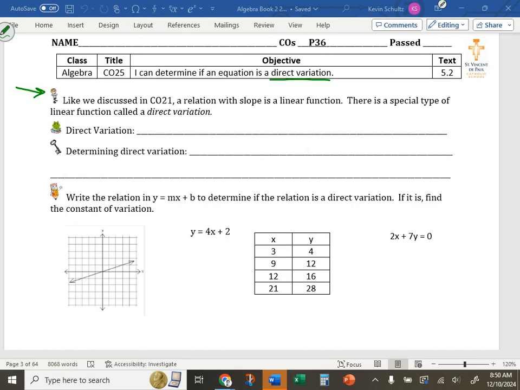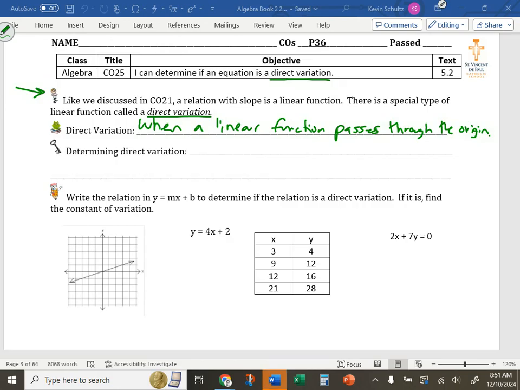And so there's a special type of linear function called direct variation. And direct variation exists when a linear function, here's the key, passes through the origin.